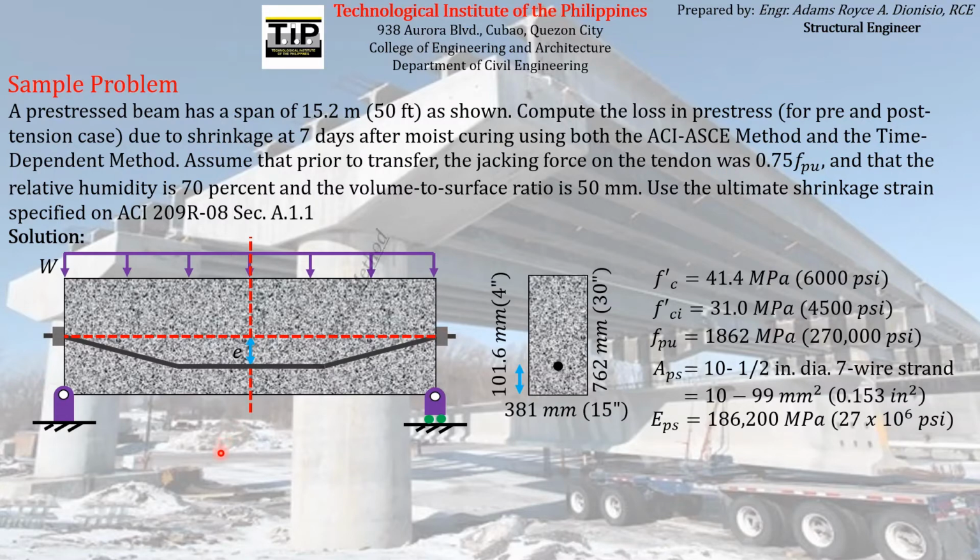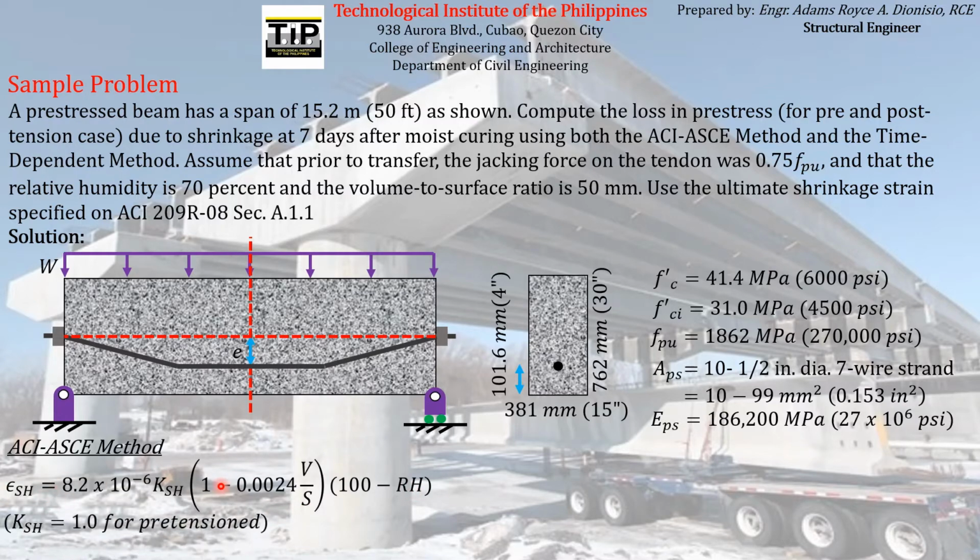members first using the ACI-ASE method. So if you try to recall the formula for the adjusted shrinkage strain using the ACI-ASE method, the formula is equal to this. So we have to find the magnitude of KSH, V over S, and RH for us to be able to solve this equation. For the case of KSH, we know, if you can remember from the previous discussion, that for pretension members, KSH is just equal to 1.